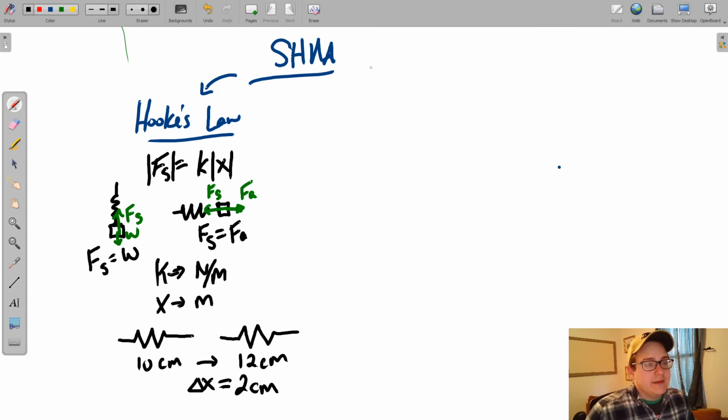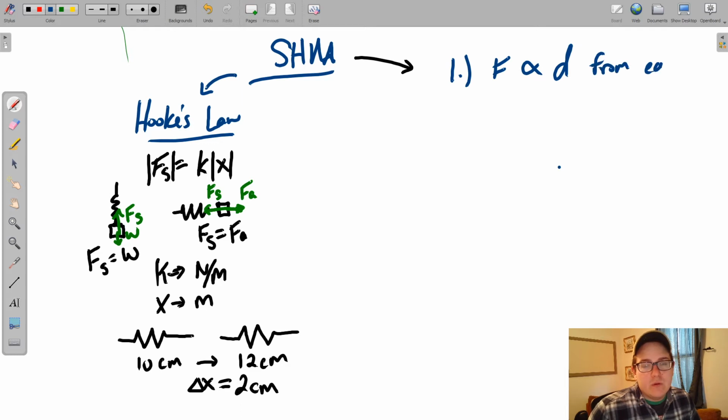What about what you find typically with simple harmonic motion? All simple harmonic motion has to follow some basic tenets. One, there has to be a restoring force proportional to the displacement from equilibrium. What do I mean by that?